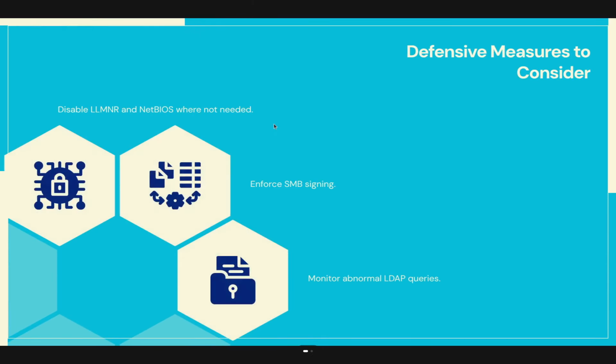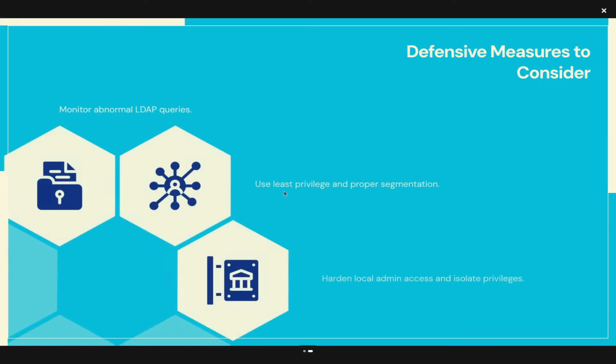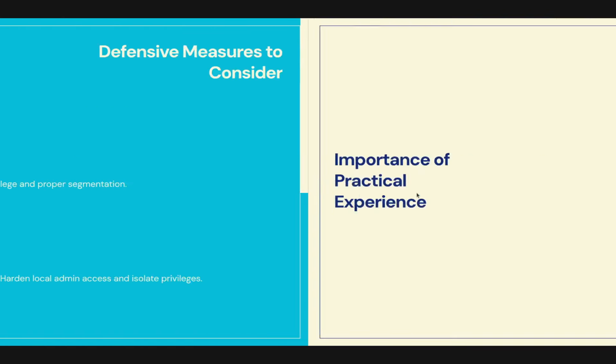Some quick examples: how to disable LLMNR, enforce SMB signing to stop the SMB relay attack, what the upsides and downsides for that are, and so on. Use least privilege and proper segmentation where needed, and so on.